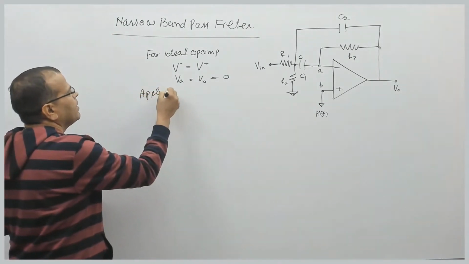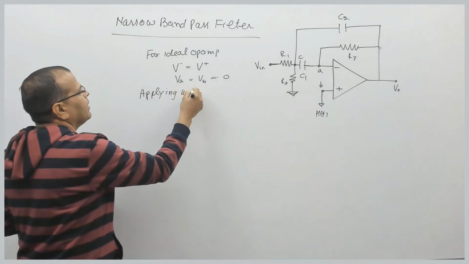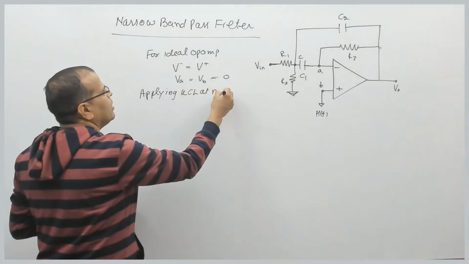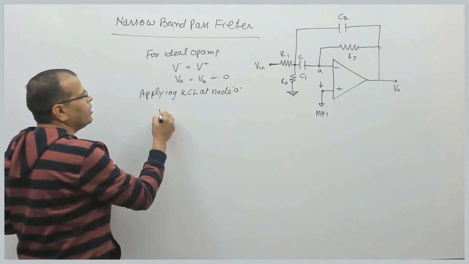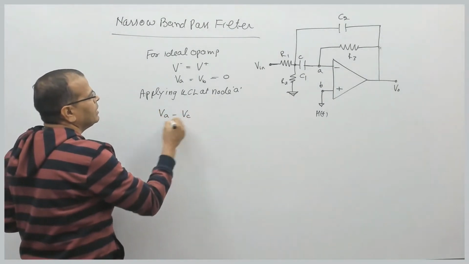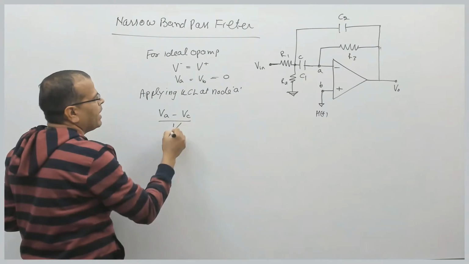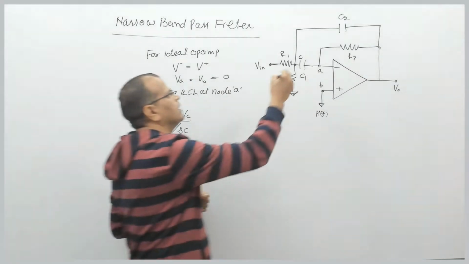Now we apply KCL at node A. When you apply KCL at node A, what do we get? (VA − VC) divided by 1/(SC1), and say this is C1.